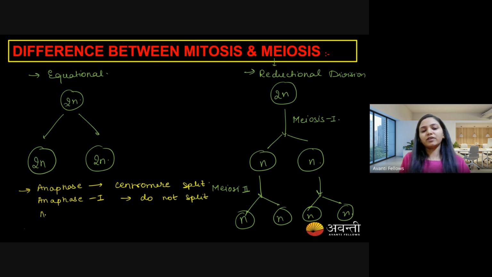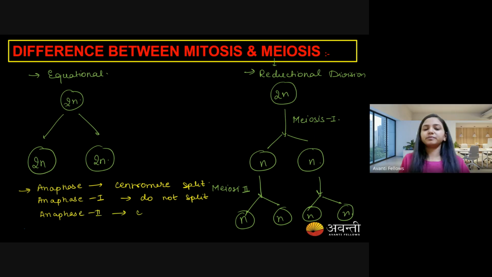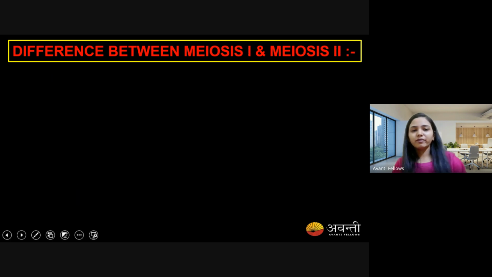And in anaphase 2, the centromere splits again. Very good. So this is the basic difference between mitosis and meiosis. Can we give a difference between meiosis 1 and meiosis 2?